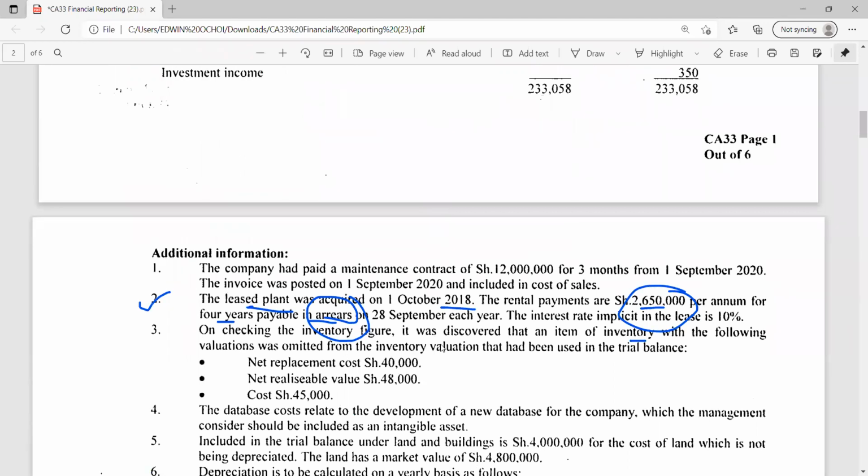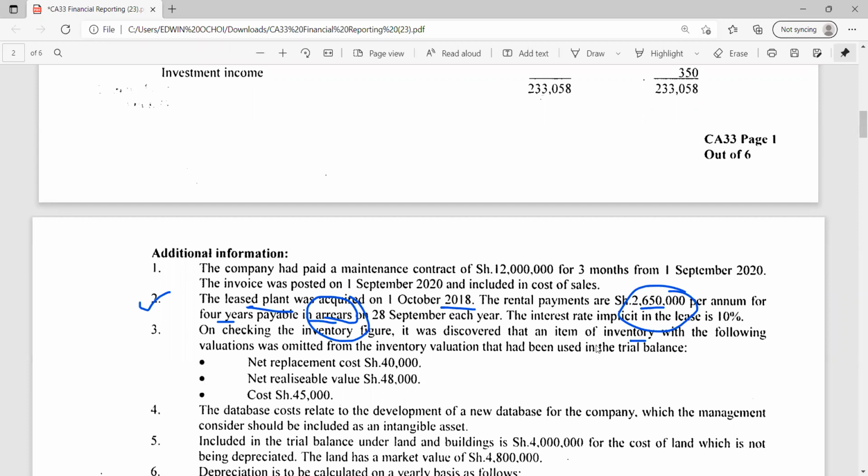On checking the inventory figure under the trial balance, it is 20,200.